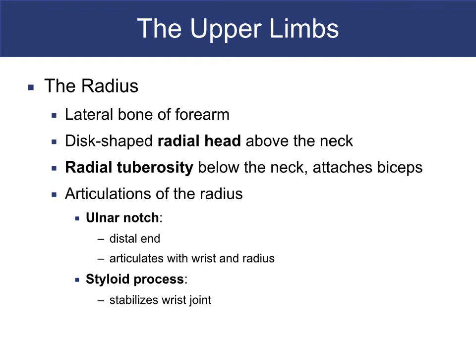Because when it contracts, it's going to pull from this tubercle right here. It's going to pull this up. It's going to cause your arm to go up like that. You're going to be doing biceps curls, thanks to the radial tubercle.